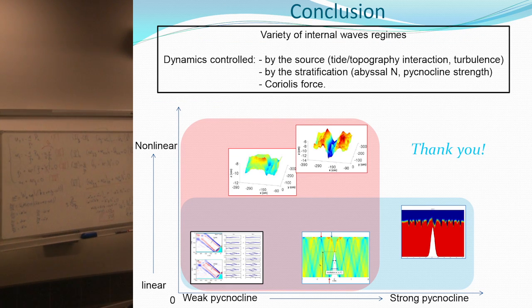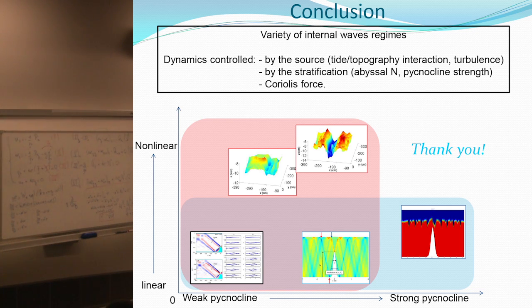Okay, I think I will conclude here. So we've talked about a variety of regimes. Linear regimes to start with, where we've seen the physical properties of propagating internal waves, like phase speed and group speeds that are orthogonal, and propagation as beams. And this was in the bottom ocean. And then we had a look at what happens in the pycnocline, in the top ocean.